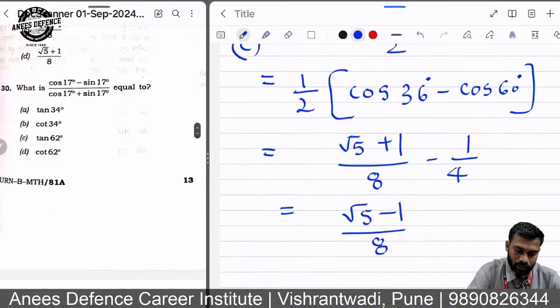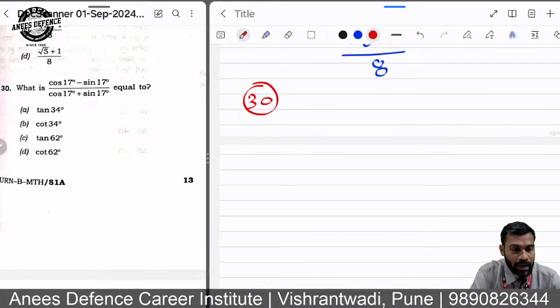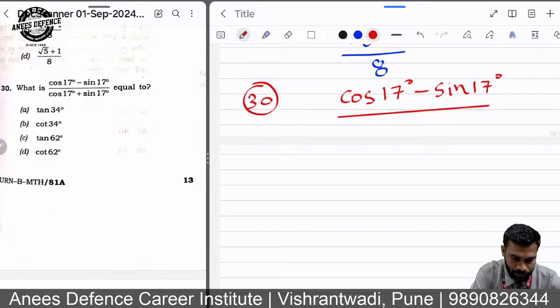Now, number 30, very easy. Question number 30. What we have? Cos 17 minus sin 17 over cos 17 plus sin 17. So if you divide both numerator and denominator by cos 17, so you will be getting 1 minus tan 17 over 1 plus tan 17, right?